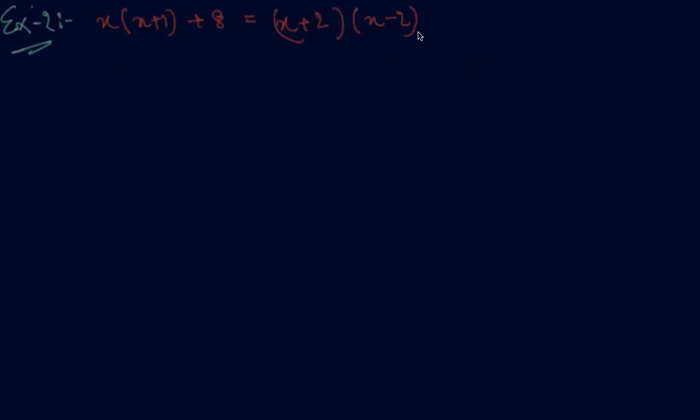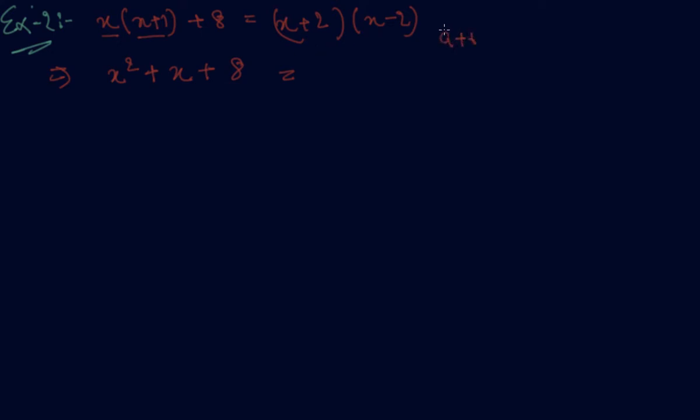Students, here is example number 2. We have to find out whether it is a quadratic equation or not. So let us check. Okay, so multiply this x with x plus 1, which comes out to be x square plus x plus 8, and you can also use the formula.